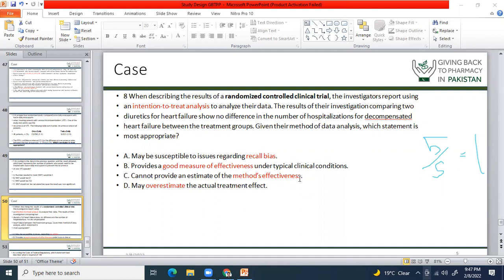Given their method of data analysis, which statement is most appropriate? May be susceptible to issues regarding recall bias. Is there any chance of recall bias in an RCT? No. Provides a good measure of effectiveness under typical clinical conditions. Cannot provide an estimate of a method effectiveness. May overestimate the actual treatment effect. Yeah. What do you think?